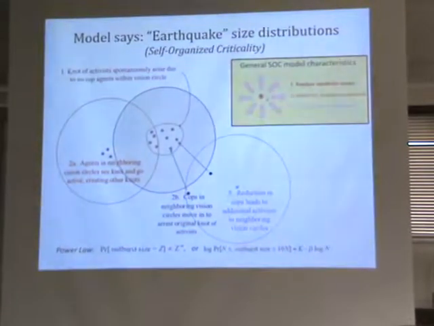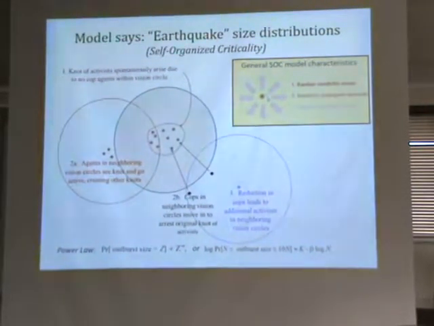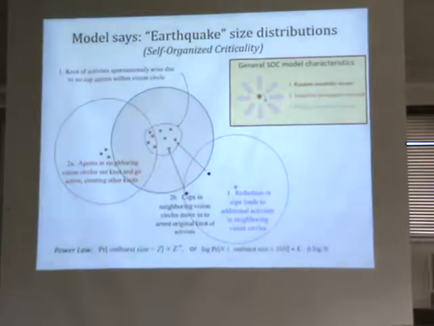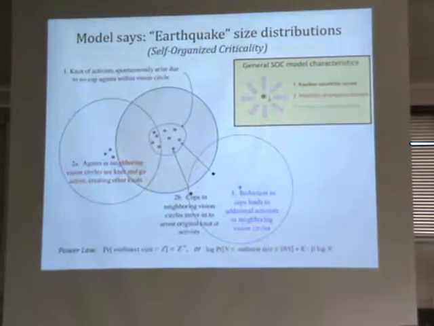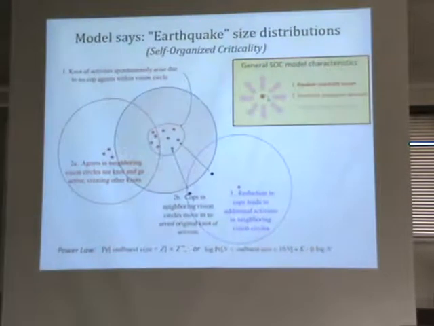What's going to happen? At some time, you're going to get a slide, a big slide. And then it may grow some more, and then another big slide. So this is also like an earthquake. With an earthquake, you have pressure building up, and then what happens? There's a big slip.